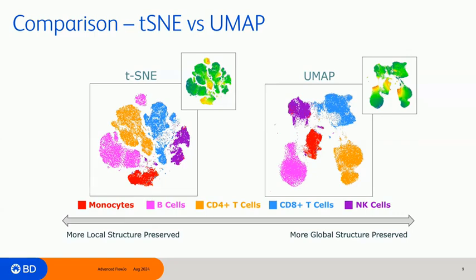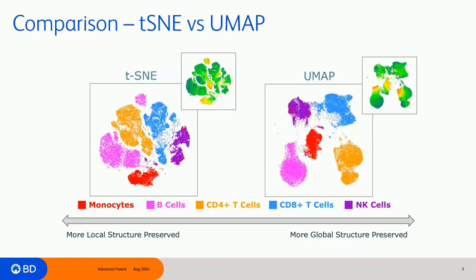Again, it's less sensitive to those parameter choices compared to t-SNE, so it generally performs well with default settings. This can reduce the need for excessive parameter tuning, and makes it easier to use, especially for those new to dimensionality reduction.